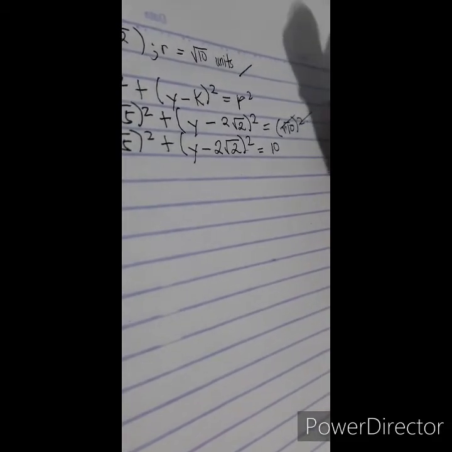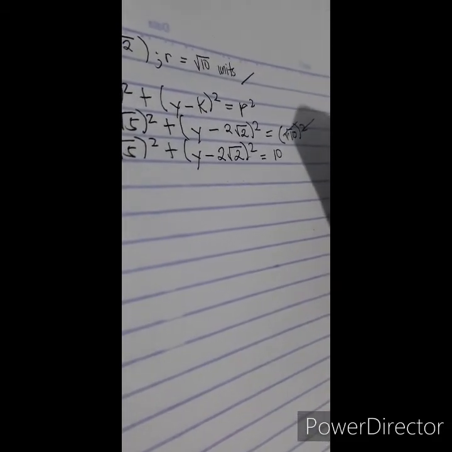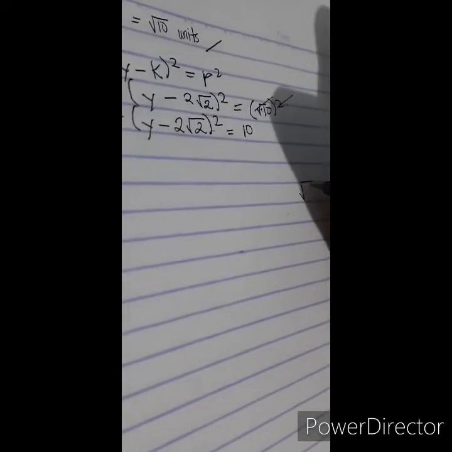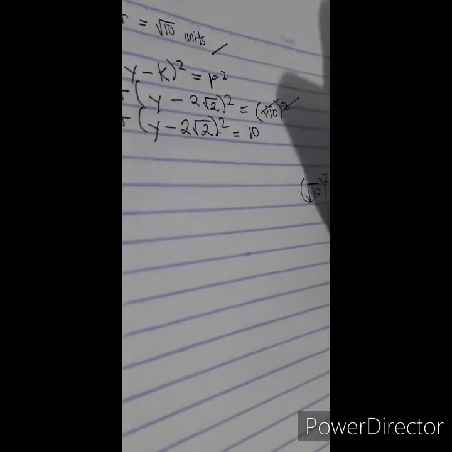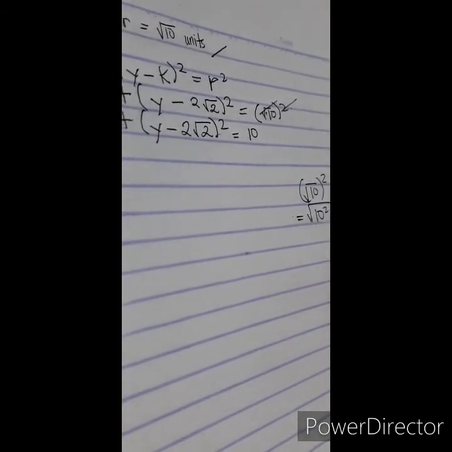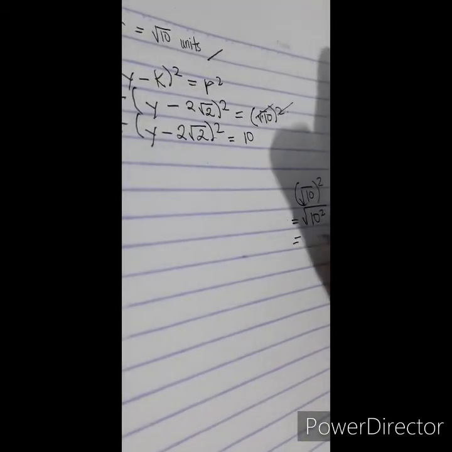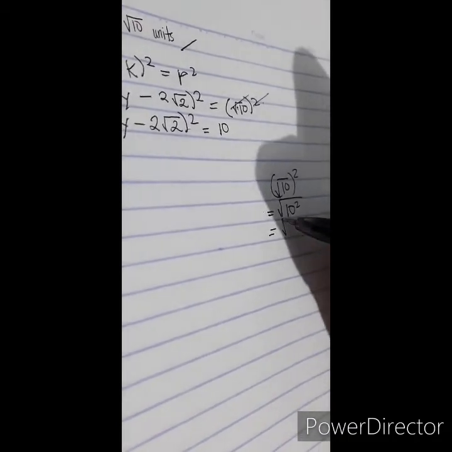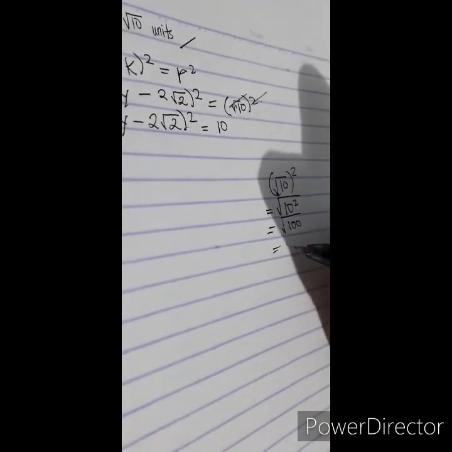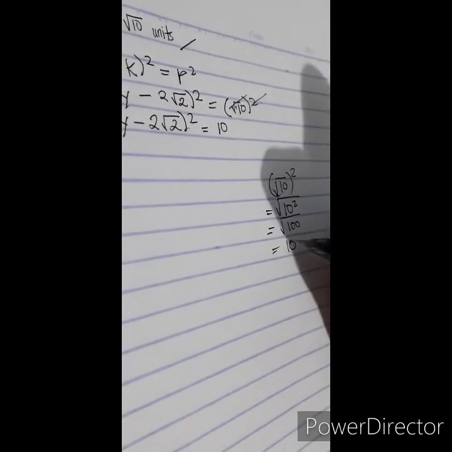Or in some other ways, we can make use of this process since square root of 10 raised to 2 is also equal to 10 squared, under a root. So we have 10 squared is 100, and square root of 100 is 10.